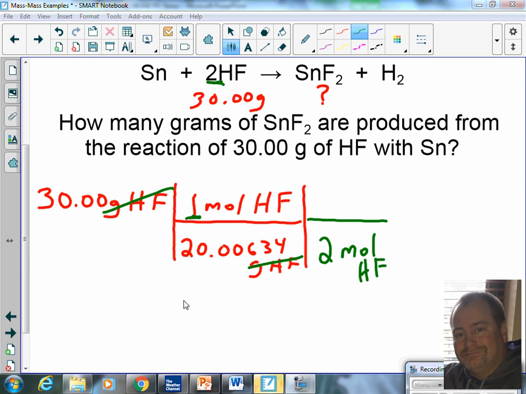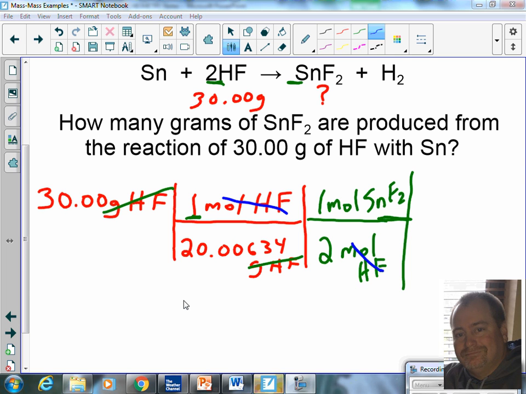SnF2, right? How many moles do I have of it? 1 mole. Do I have a cancellation? Yeah, moles of HF, moles of HF. So now I have converted this successfully into moles of SnF2.